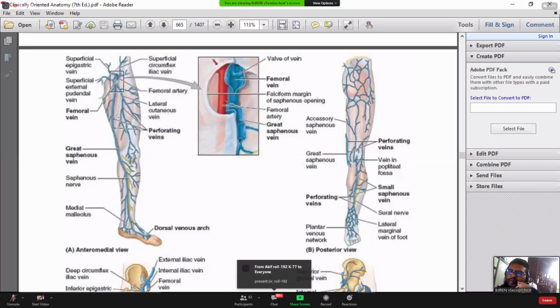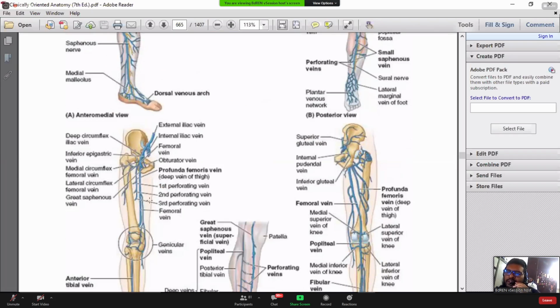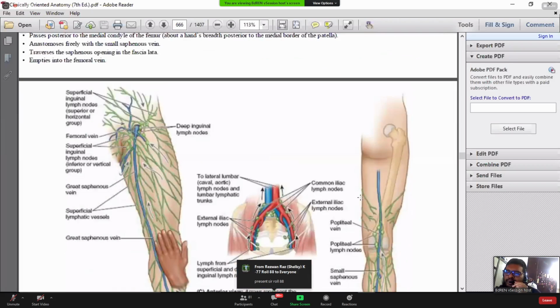So when we draw, we simplify these figures, but we must keep in mind that veins are everywhere, not only in the sites shown by the pictures in the simplified form. Okay, these are the superficial veins, these are the deep veins, and these are the communicating veins and perforating veins.